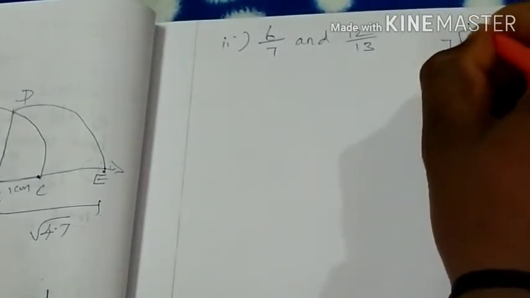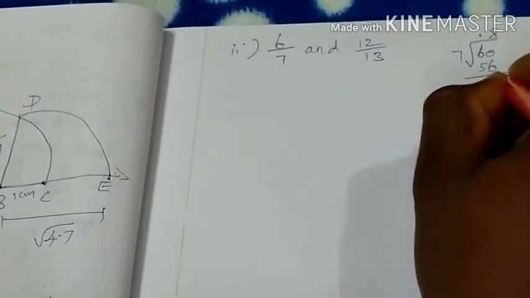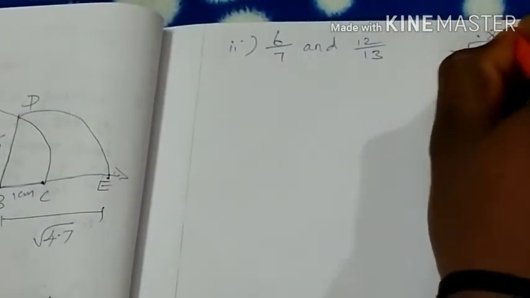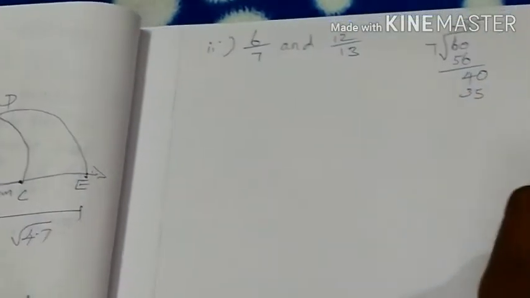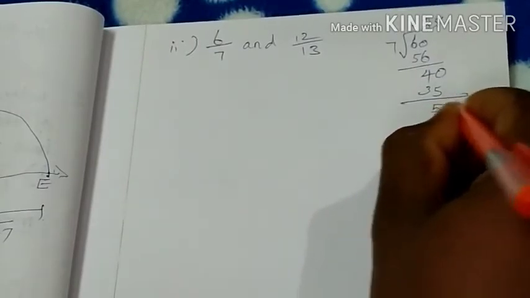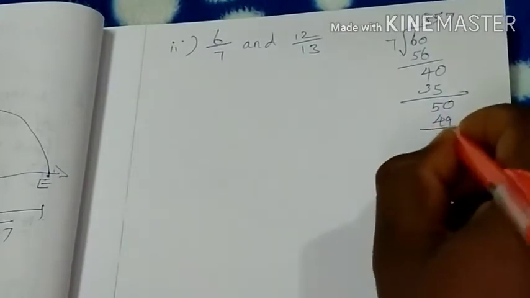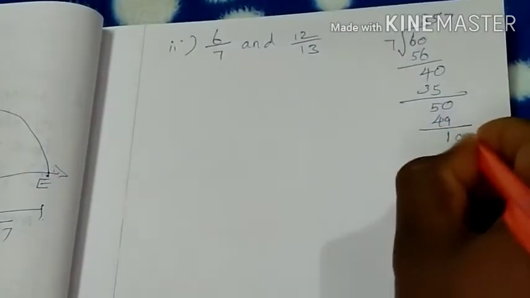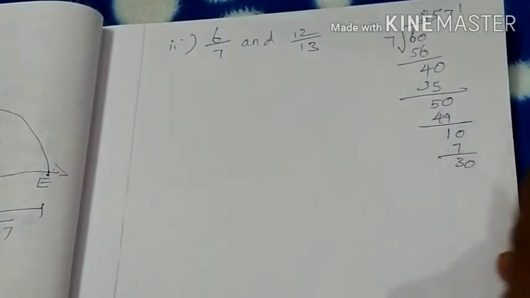So 0. 8 7s are 56. Then 4, adding 0. 5 7s are 35. The remaining 5, then adding 0. 7 7s are 49, remainder 1. Then adding 0, 1 times 7, remainder 3. Then adding 0.